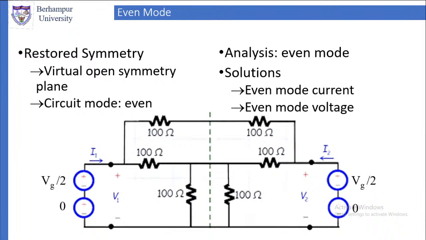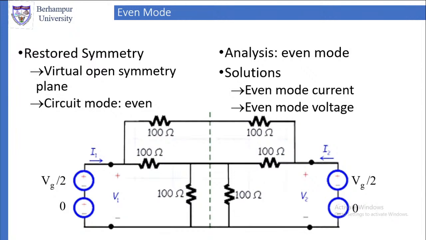Current I1 sees two impedances at the first junction, one towards the upward, one towards the downward. So some current will go upward, some current will go downward. How is it divided? Upward it goes through 100 ohm, downward it goes through 100 ohm plus 100 ohm. So that is how it will be divided.